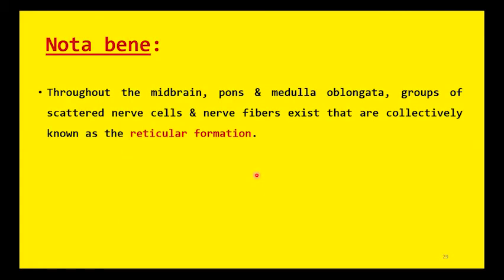So reticular formation is the source of origin. What is reticular formation? All the nerve cells and the nerve fibers that are scattered throughout the brainstem. The three components of the brainstem: mesencephalon or the midbrain, pons, and medulla oblongata.